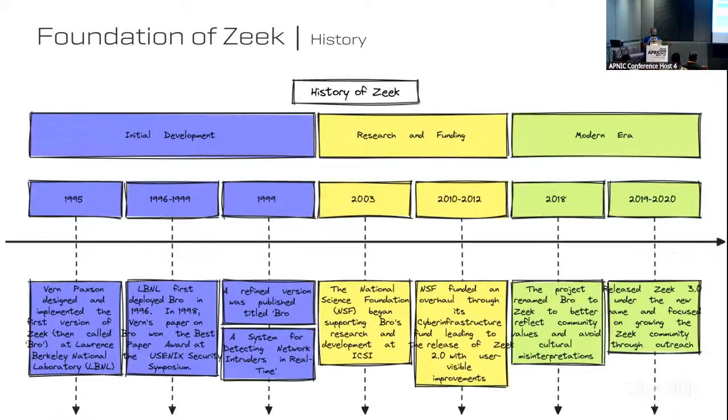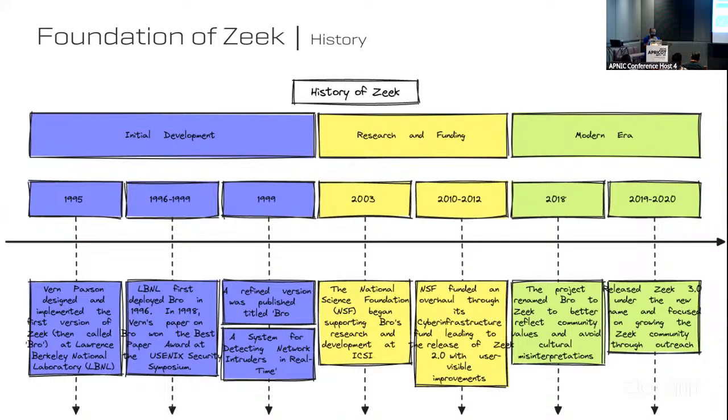Now, if we check into the history of Zeek, it started in 1995 as Bro. And from 1996 to 1999, there was a lot of work going on. And yes, it was awarded and presented at a USENIX security symposium.